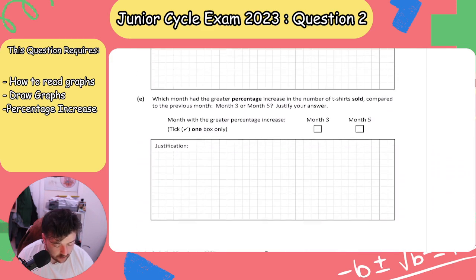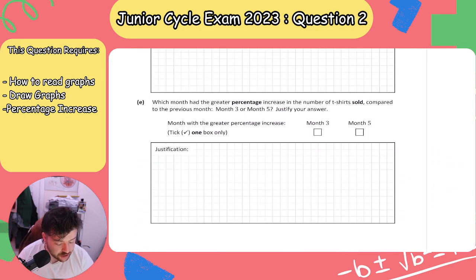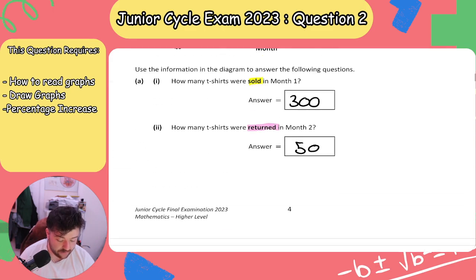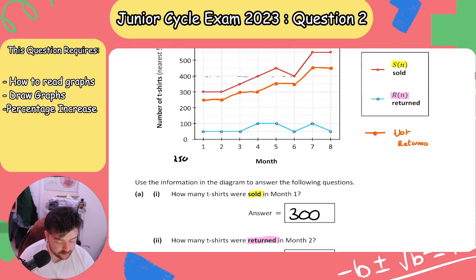And finally, which month had a greater percentage increase in the number of t-shirts sold compared to the previous month? Month 3 or month 5? Justify your answer. So we have to pick which one had a greater percentage increase, month 3 or month 5, from things sold.